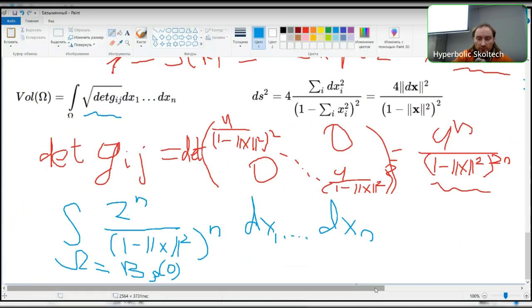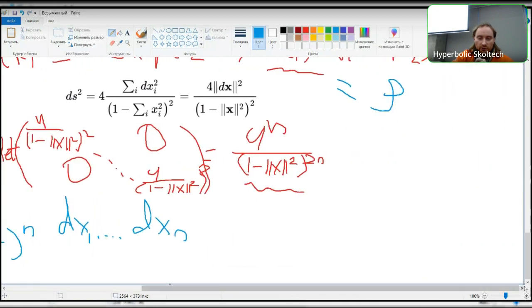So let's make a change of coordinates. We will make a polar change of coordinates.